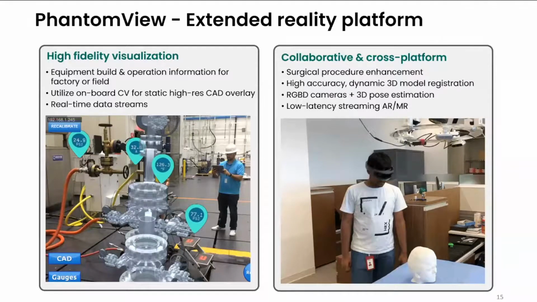For example, you can utilize the onboard CV for static high resolution CAD overlay, and we offload the rendering from the device to a local server so we can do real-time data streams with very low lag. This has also been applied to collaborative and cross-platform work, which facilitates surgical procedure enhancement. It also has dynamic 3D model registration with 3D pose estimation, using the same technology as low latency streaming AR and MR.